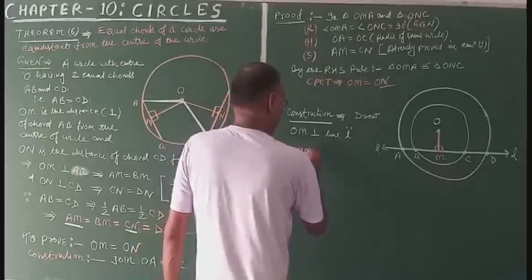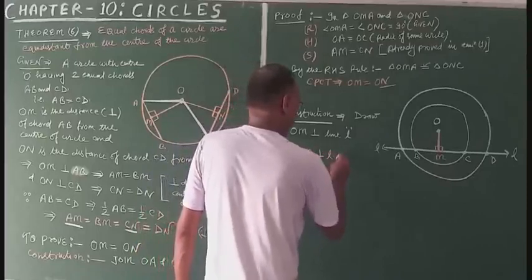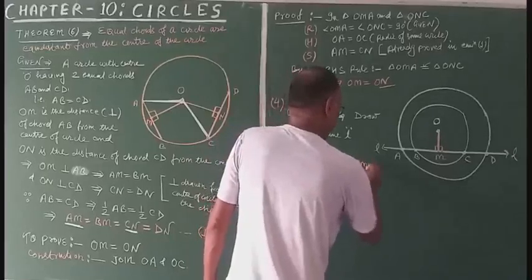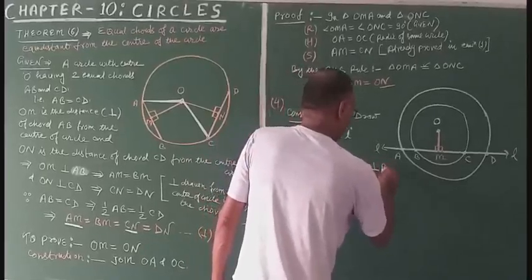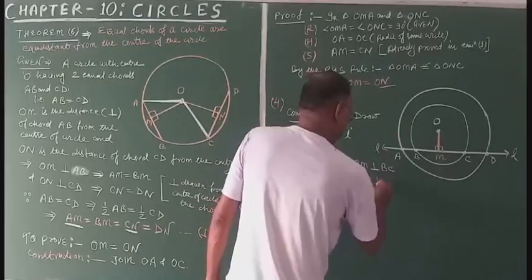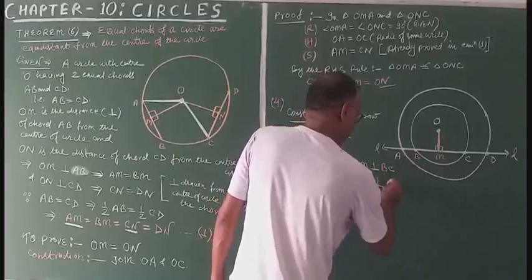If OM is perpendicular to L, this will imply that OM is also perpendicular to BC and OM is also perpendicular to AD.